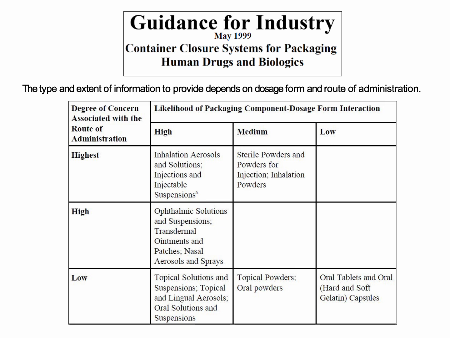So we see very well that there is a likelihood of packaging component to be in interaction with those products. But where we may have less interactions would be for oral tablets and oral hard and soft gelatin capsules. So we understand here that the extent of information will depend on the likelihood of packaging component interacting or being in contact with the container.